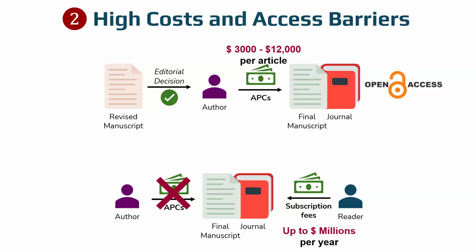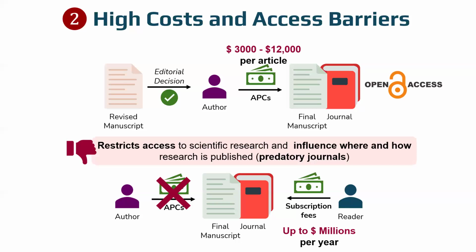Or if you're not part of an institution that has a subscription to these publishers, you as the reader will have to pay these subscription fees. So again, this is a big issue because it restricts access to scientific research and influences where and how research is published.